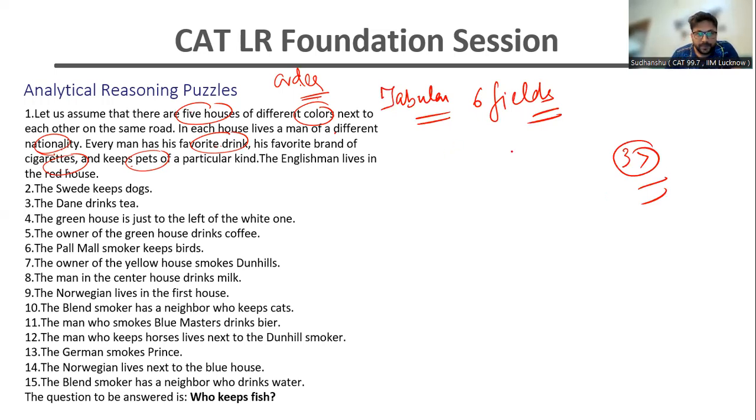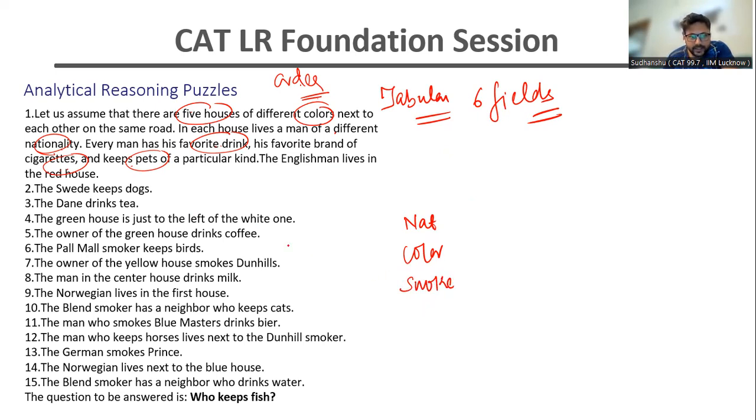Let's do this. So what I have to do here, I have to draw these fields. So let us see. Let's take nationality. That's one field. There is one more field, which is, let's say, color of the house, right? Let's say there is the smoke that they are doing.